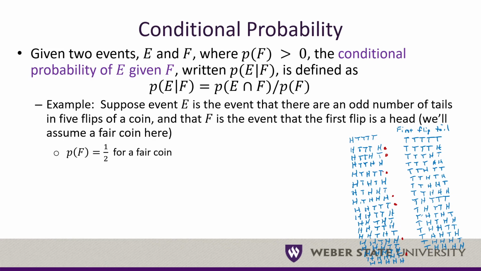So 1, 2, 3, 4, 5, 6, 7, if heads is the first one. And over here I've got 5, 4, 4, 3, 4, 3, 3, 2, 4, 3, 3, 2, 3, 2, 2, 1. 1, 2, 3, 4, 5, 6, 7, 8. 1, 2, 3, 4, 5, 6, 7.